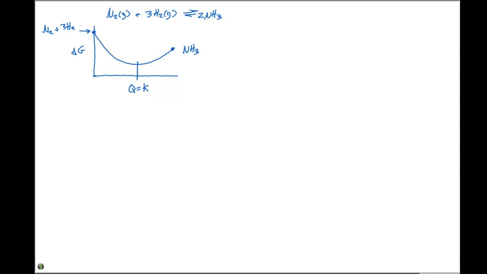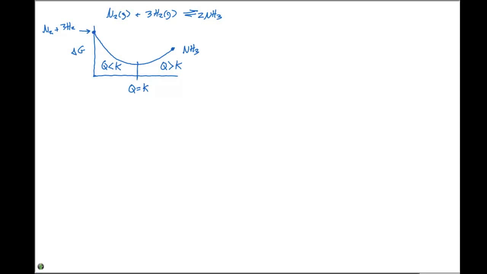Over here on this side, Q is going to be greater than K. And over here on the left-hand side, Q is going to be less than K. So the question is, how is a reaction going to proceed if we're at a particular point on this curve? If you think about placing a marble in here, how are we going to proceed?